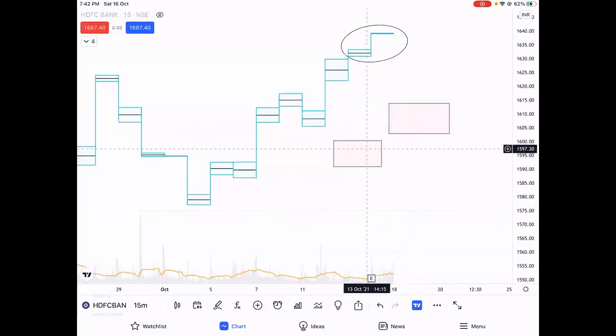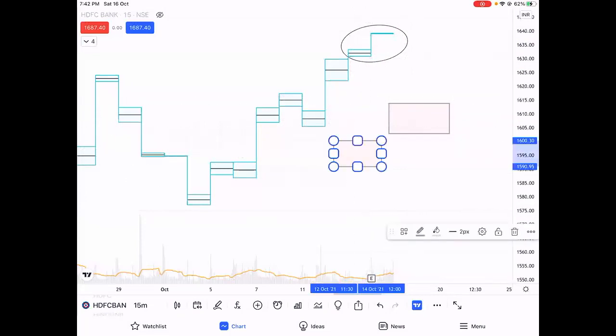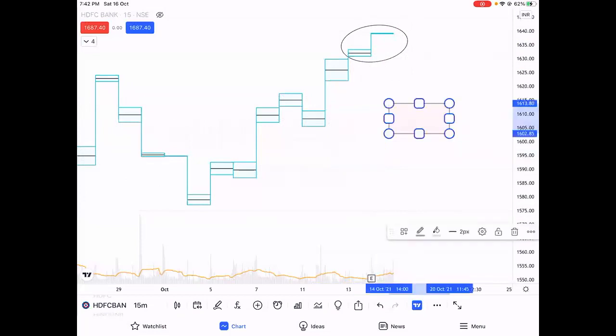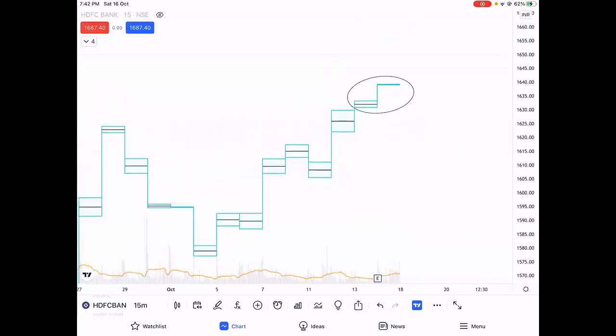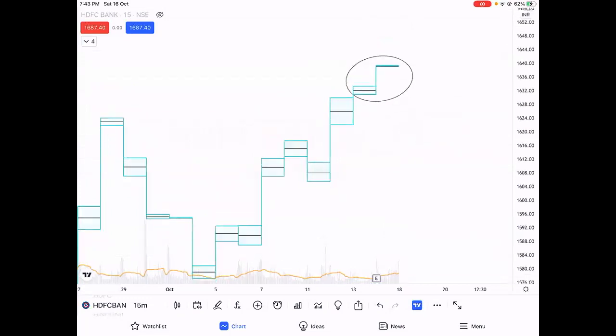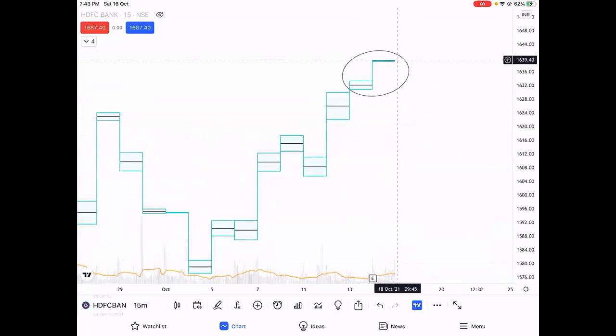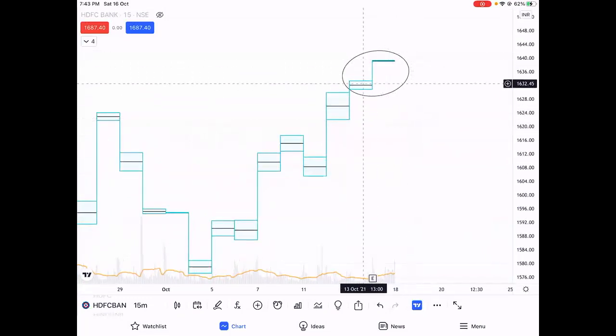And when you club the nature of CPR, let's see it here. So now we had a narrow CPR, and you can say a wide CPR here.